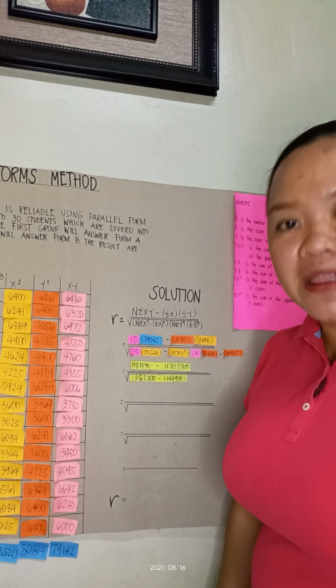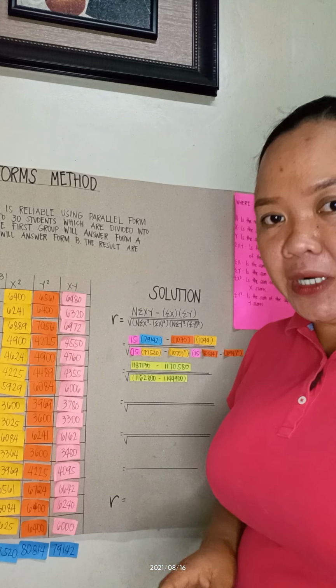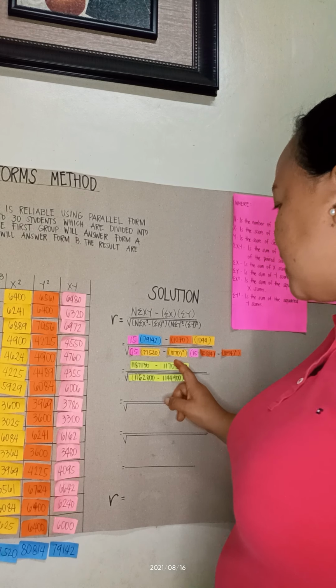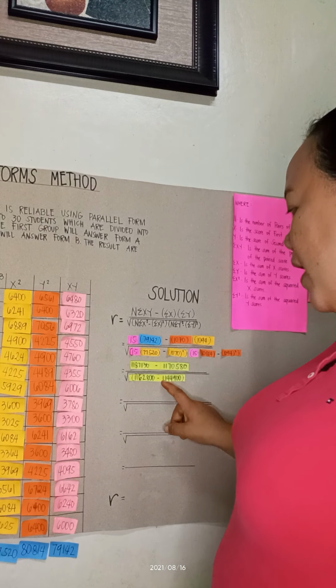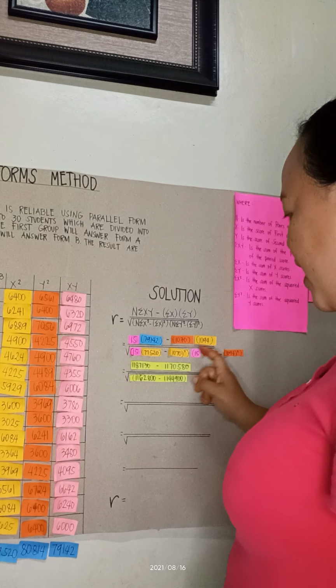We already know that if a number is squared, you must multiply the number by itself. So 1,070 times 1,070 is equal to 1,144,900.